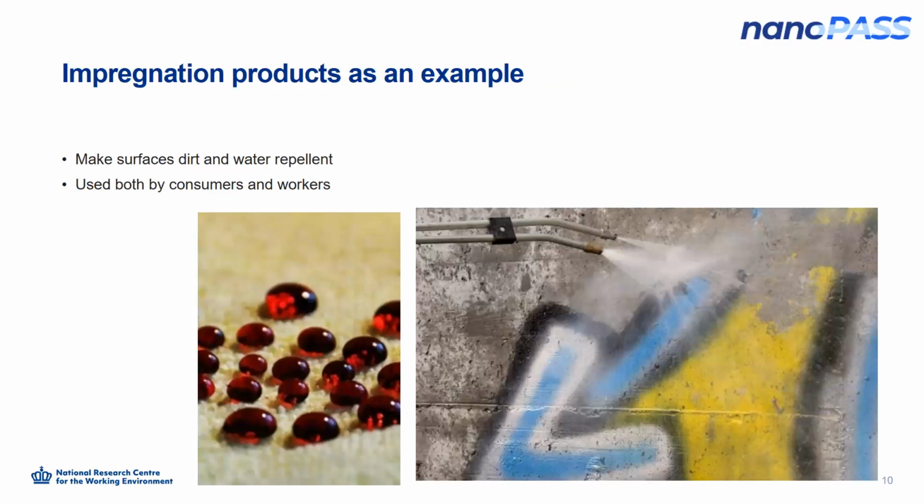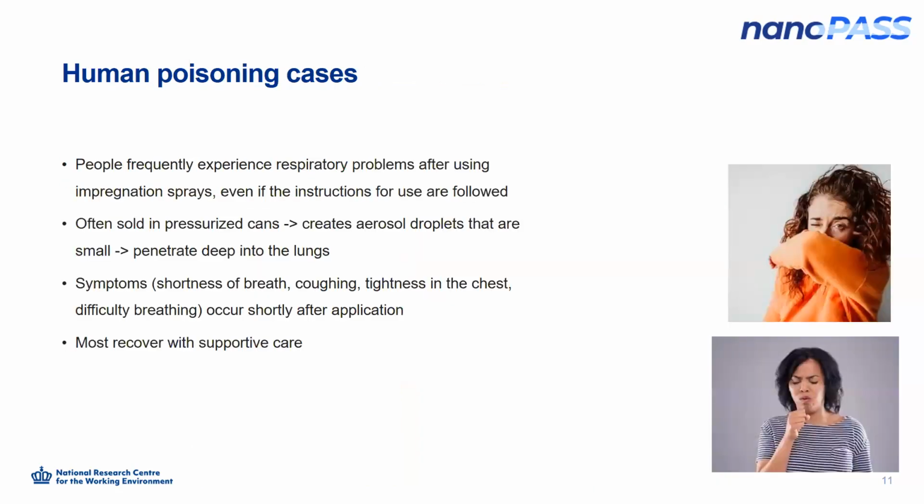So first of all, impregnation products, they are used to make surfaces dirt and water repellent. They are a class of products that are used both by consumers and workers, and they are very often sprayed on surfaces. There are every year reports of human poisoning cases.